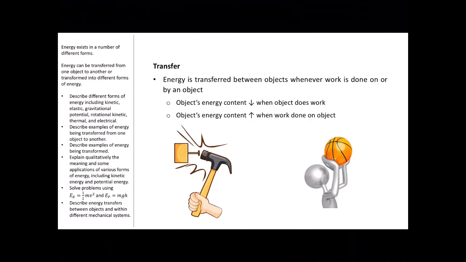Work is done on the ball, increasing its potential energy, and this is its gravitational potential energy because it's increasing its vertical position in the gravitational field on Earth. You'll become more familiar with the types of energy that you'll need to describe in these situations. It just takes a bit of practice and getting used to and just remembering the different types of energy.